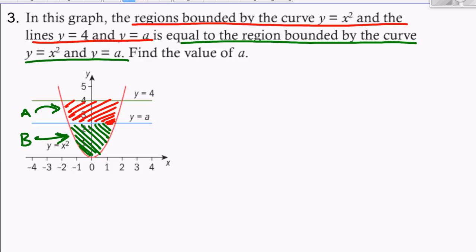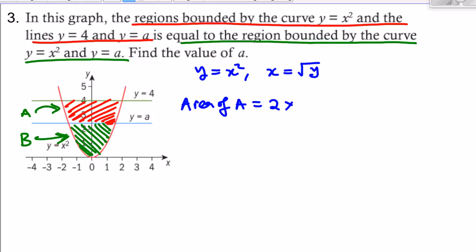So y is equal to x squared, so x will be the square root of y. Therefore, the area of A will be equal to 2 multiplied by, I'm multiplying by 2 because this and this are equal, so I'll start by finding that and just multiply it by 2.